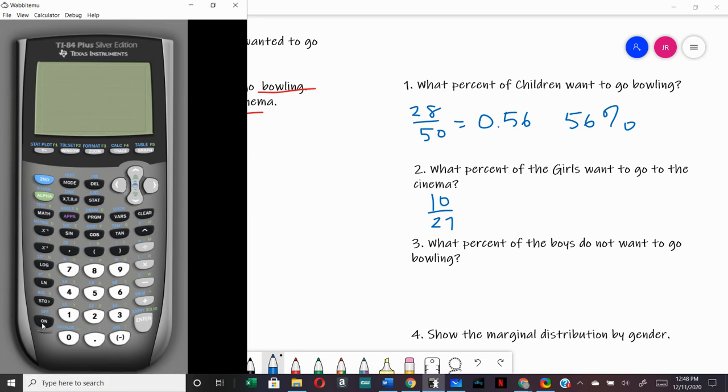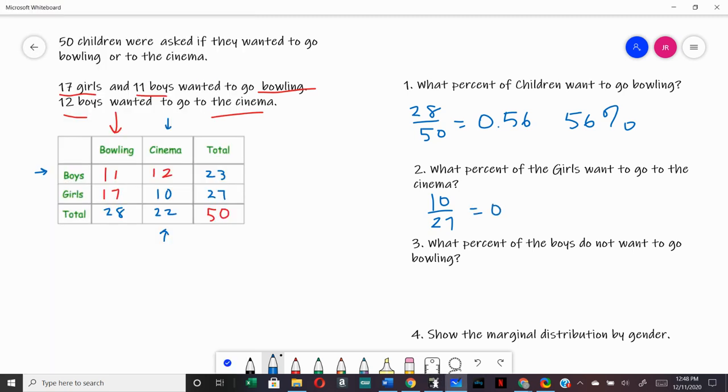And I'm going to do 10 divided by 27, which is approximately 0.37 or 37% of girls want to go to the cinema.